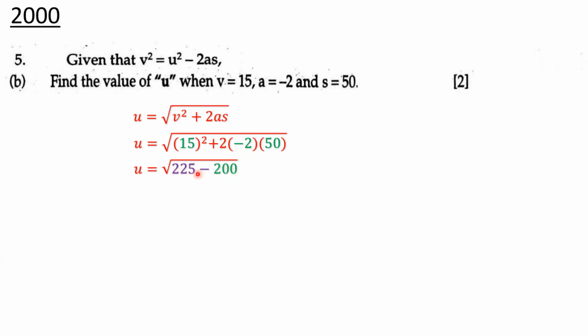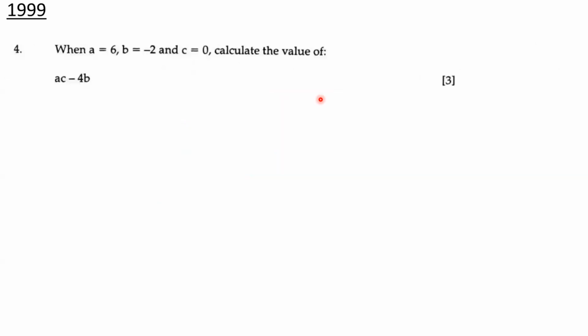And so we subtract: 225 minus 200 is going to be equal to 25. So U is going to be equal to the square root of 25. What is the square root of 25? The square root of 25 is 5 because 5 times 5 is 25. And so that's the value of U when V is equal to 15, A is equal to -2, and S is equal to 50. Okay, let's move on to the next question.